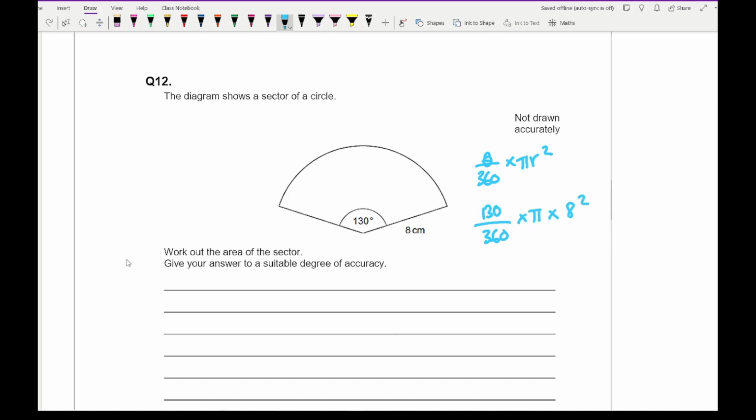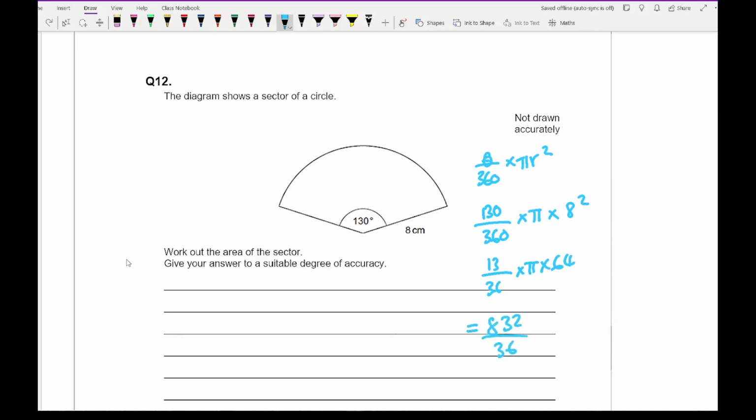Now from this, what I can then do is simplify the 130. So what I've got from this then is 13 over 36 times pi times 64. So just taking the zeros off and then working that out, I get 832 over 36.